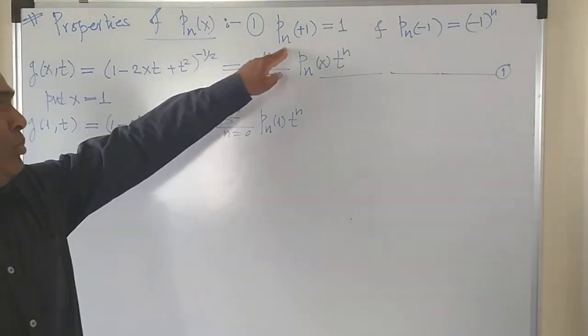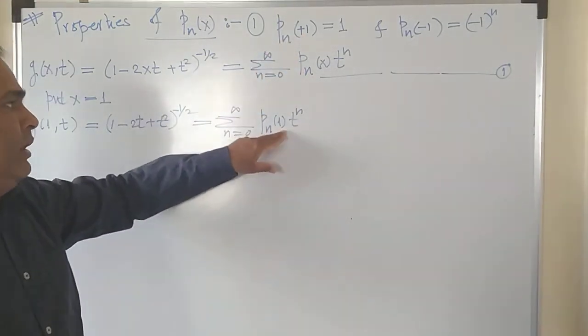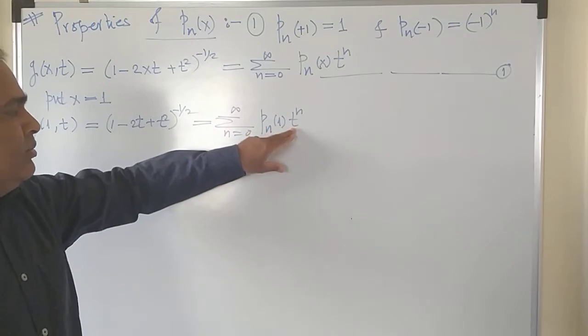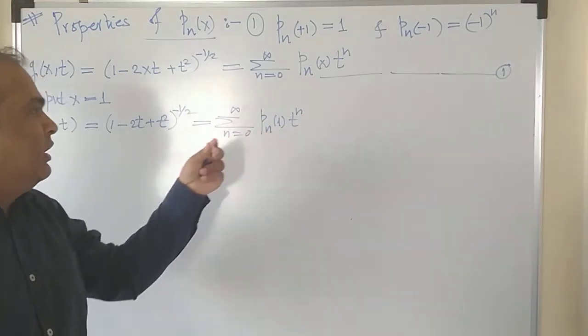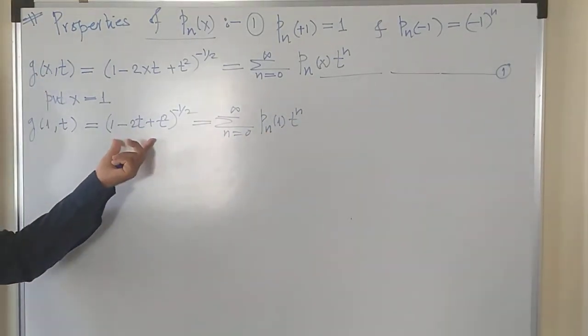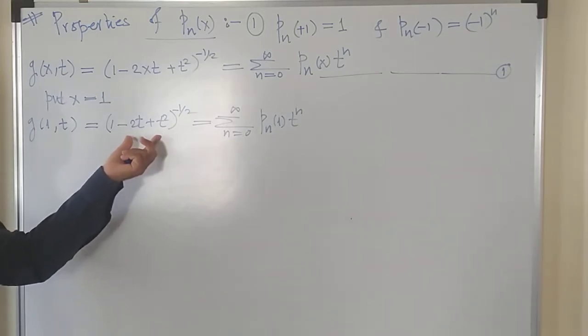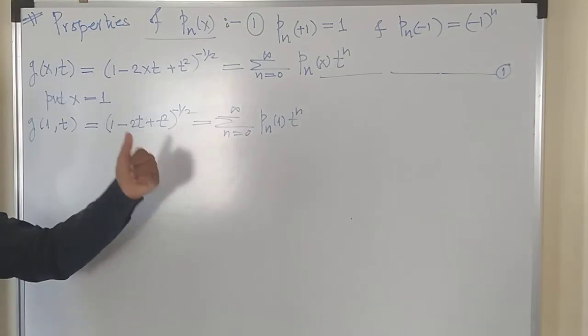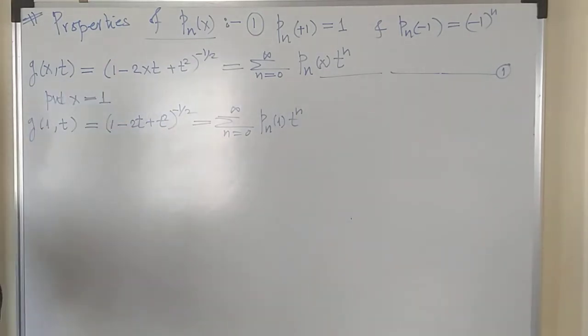Now Pn of 1 is nothing but the coefficient of t raised to n. Now expand the left hand side, obtain it in terms of t raised to n, and compare the coefficient of t raised to n. That will give you your answer.